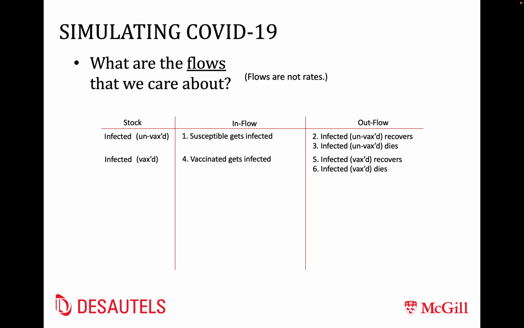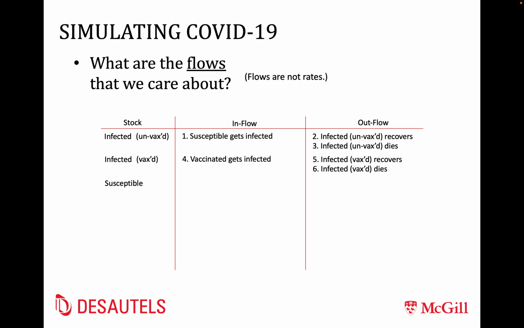So what we're really manipulating is rates. It is important to start thinking about rates and flows as slightly different concepts when we come to simulations. It's okay to think about them interchangeably when you're just doing stock and flows, but when you're doing stock and flows for simulating, start thinking, at least in your head, of these things as slightly different. Our next stock is the susceptible bucket. So these are people who can get COVID.